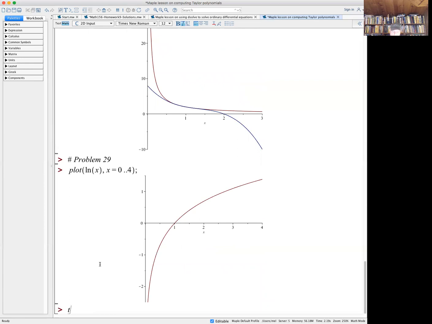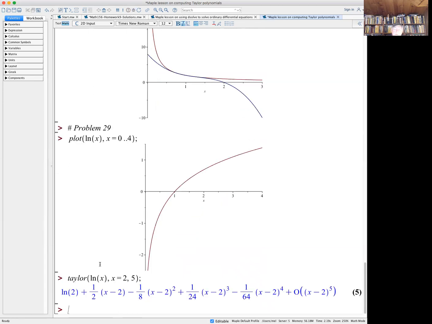And then I want to compute the Taylor polynomial of ln of x centered, what does the problem say? Centered at x equal 2. And we want a degree 4 polynomial, so I put in 5. And I get this polynomial of degree 4 plus some error term.